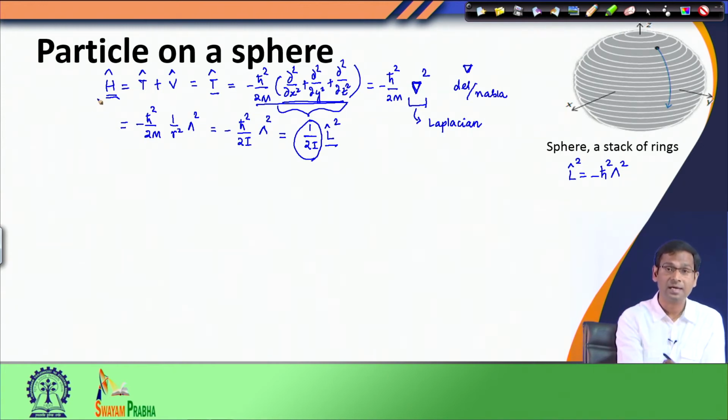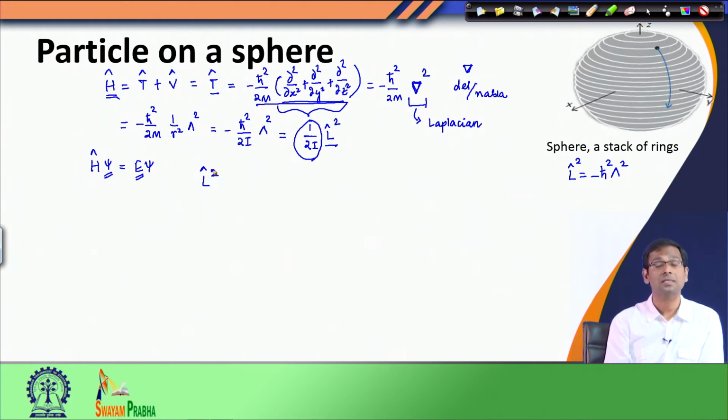Remember, we are trying to find the solution of H psi equals E psi. We are interested in looking for the eigenfunctions and eigenvalues corresponding to this Hamiltonian, but now we see that this Hamiltonian can be expressed in terms of the L square operator, and we know the L square operator and its eigenfunctions.